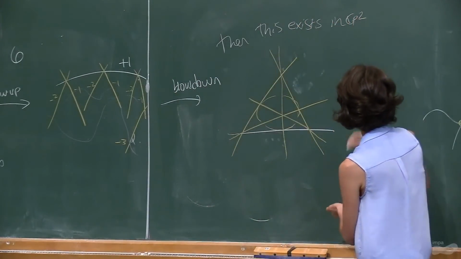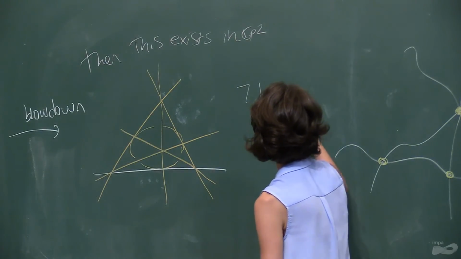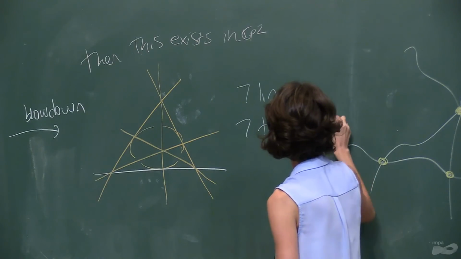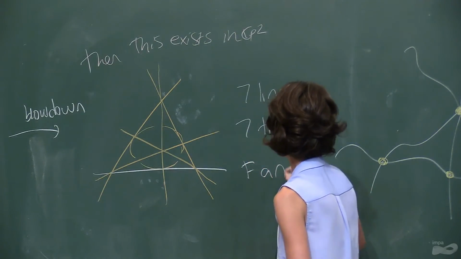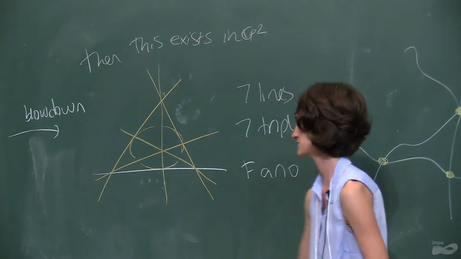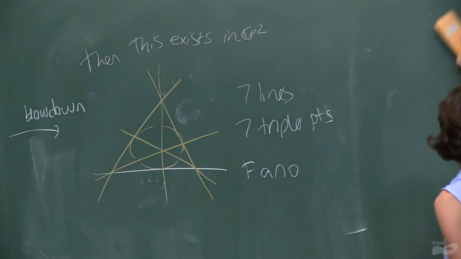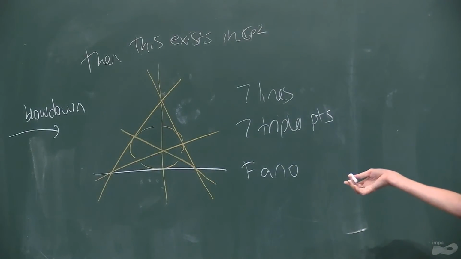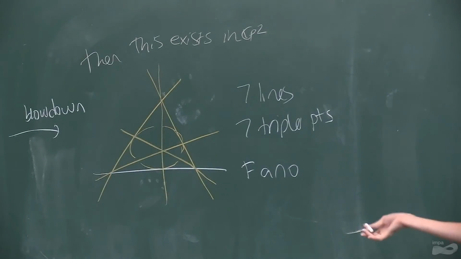And what this is, is 7 lines with 7 triple points. So this is referred to as the Fano configuration. It's the set of points and lines over a field with 2 elements. But this doesn't exist over the complex numbers as a collection of lines, and this doesn't even exist topologically.